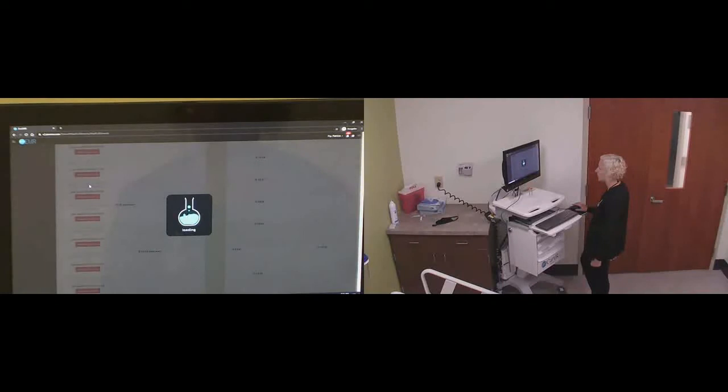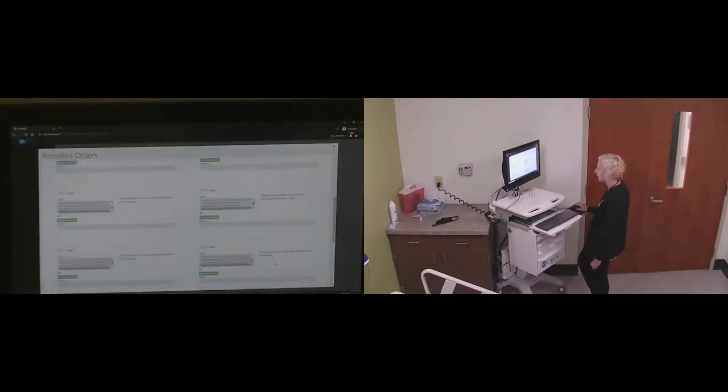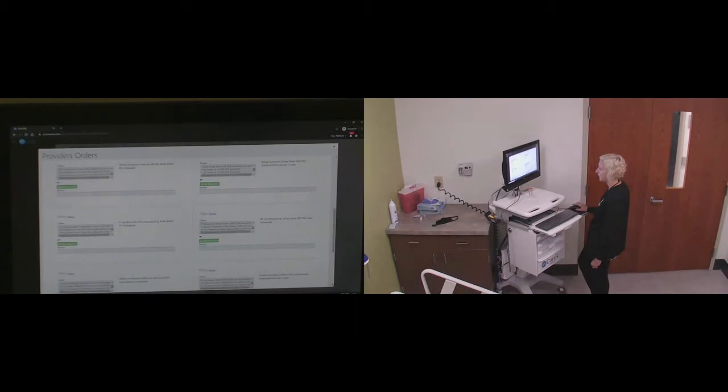And I'm just going to check that with my physician's order. So here's my physician's order. I have Coumadin 5 milligram tablet daily to PO to be given now.